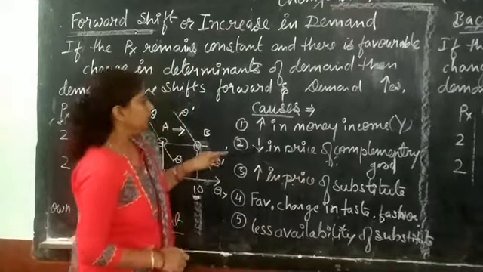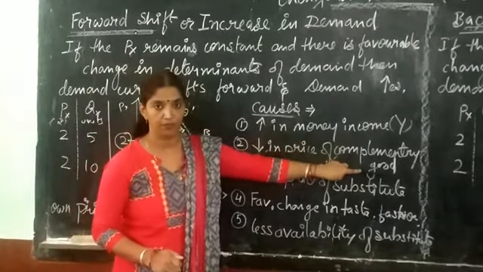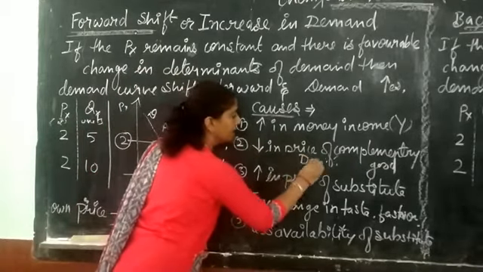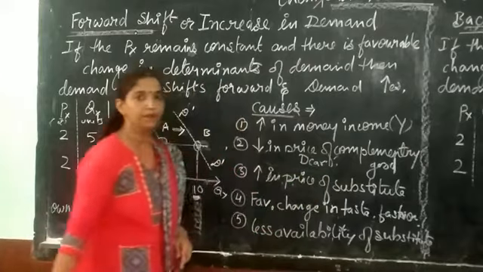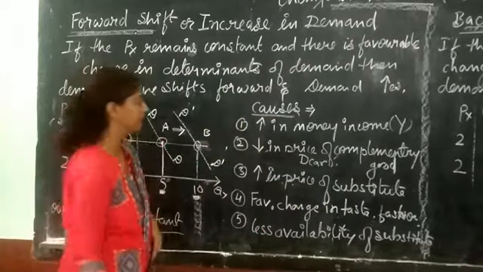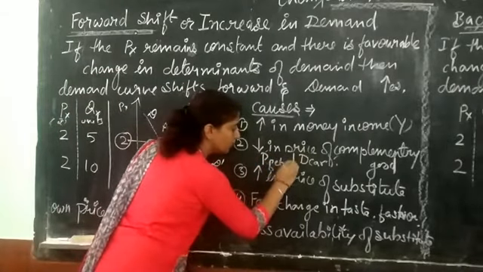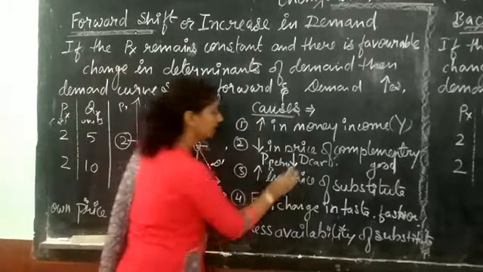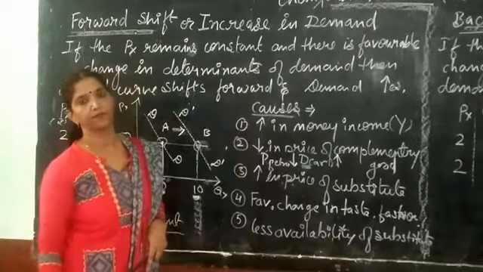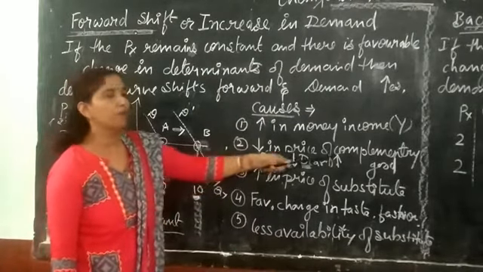If there is a fall in the price of a complementary good, for example, we are considering demand for cars. So the car's demand will depend on the price of petrol. If the price of petrol falls, only then does the demand for cars rise. This is an example of a complementary good.